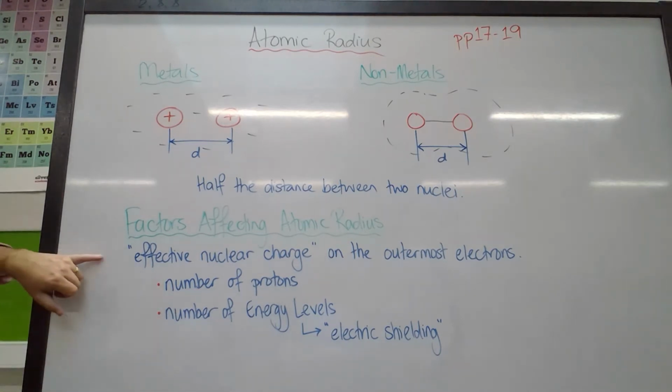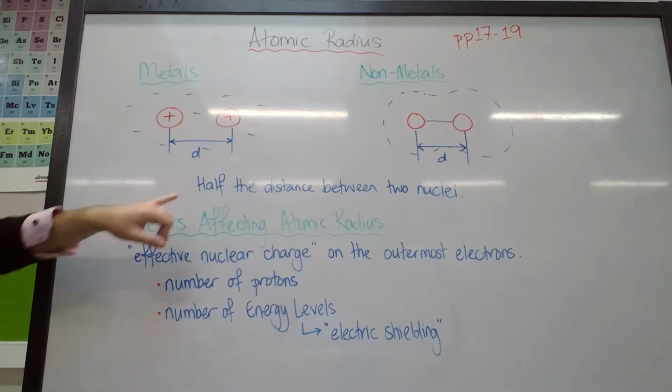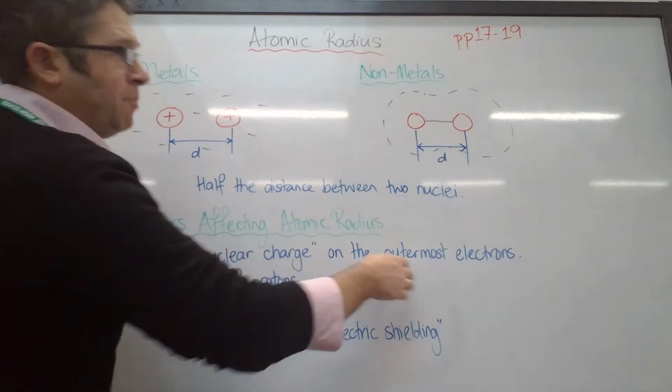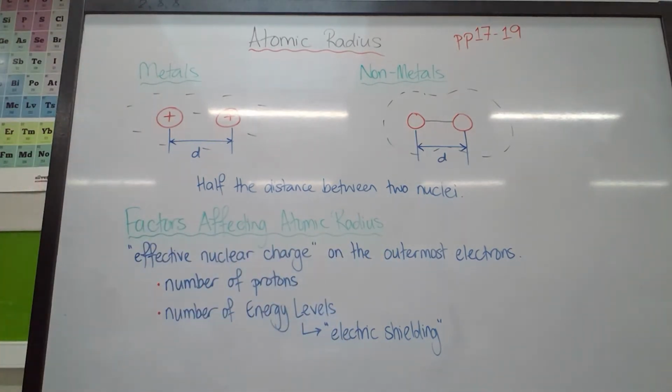So we talk about a thing called effective nuclear charge. Effective means how well does it actually pull on those electrons? And of course, nuclear charge is the positive charge of the nucleus. We're looking at the outermost electrons primarily, but of course that pull is on every electron. And we now know how they're arranged in space with our orbitals and our sublevels.